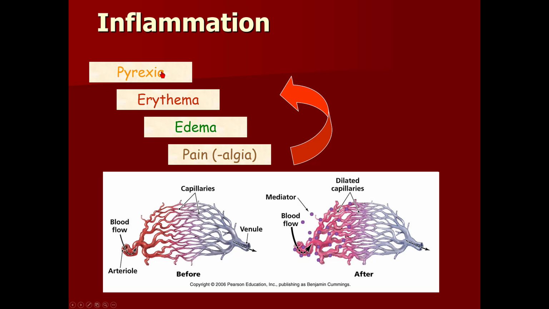So this is how all of these things kind of work together. So when we have an acute inflammation response, right, the localized increase in temperature in the area is caused by vasodilation, which means more blood's going to the area, which means more of your 37-degree body fluids are getting there, which increases the localized temperature.